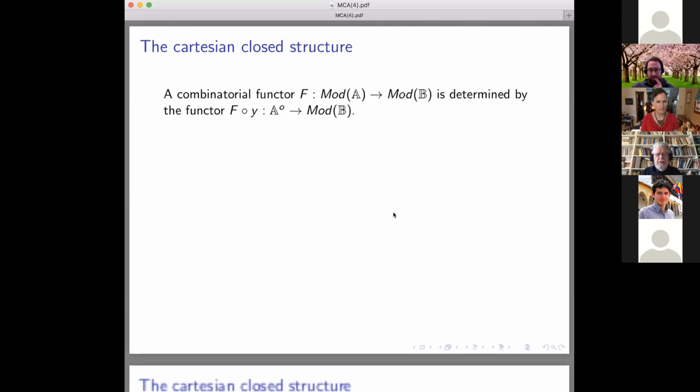There is an equivalence: the category of combinatorial functors from A to B is, by definition, the definition I just wrote down.